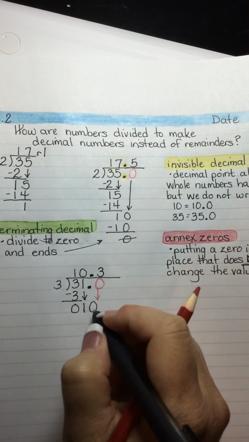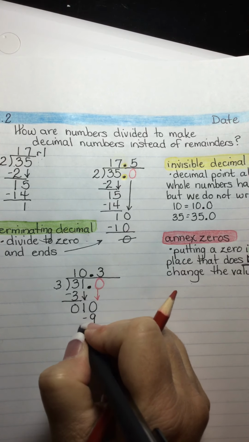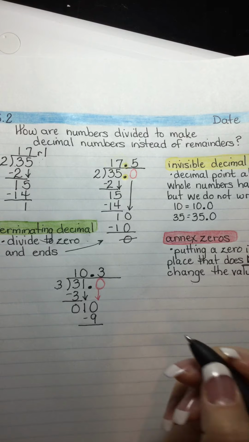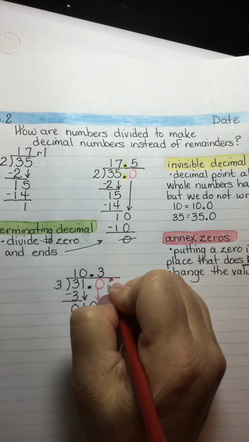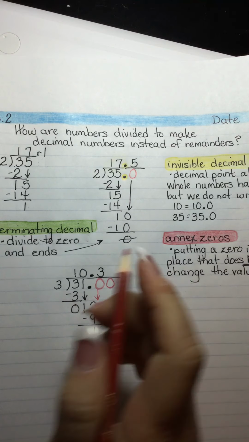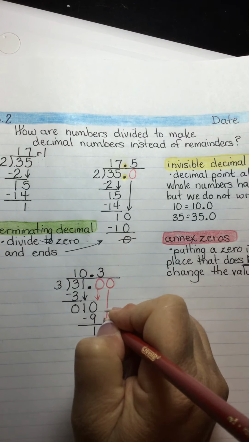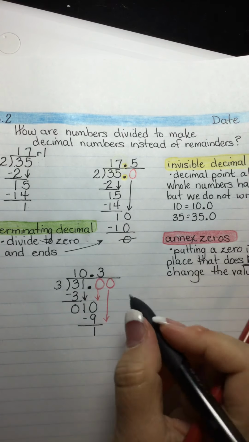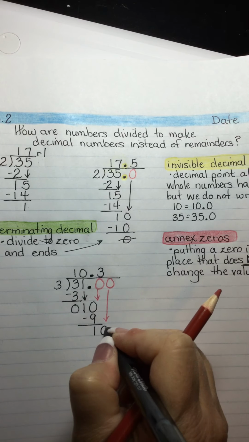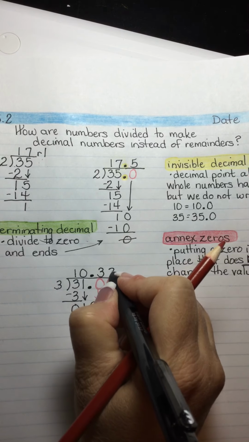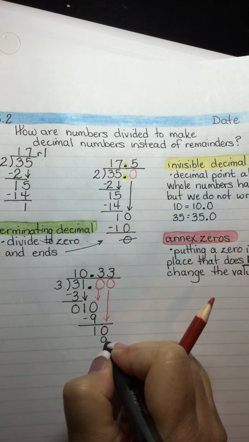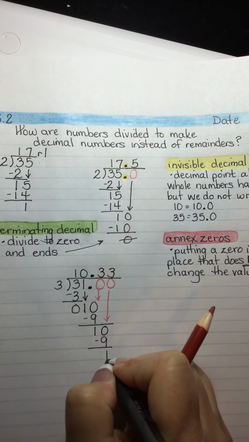So 3 times 3 is 9. 10 minus 9 is 1. We can annex another 0. We can bring that down. And now we have 10 again. You starting to see a pattern? 3 times 3 is 9. And subtract, and we get 1.